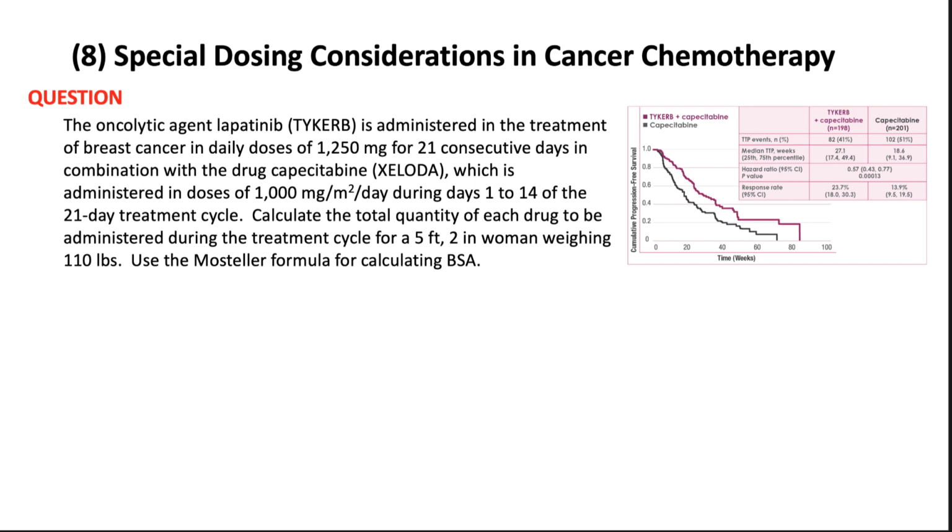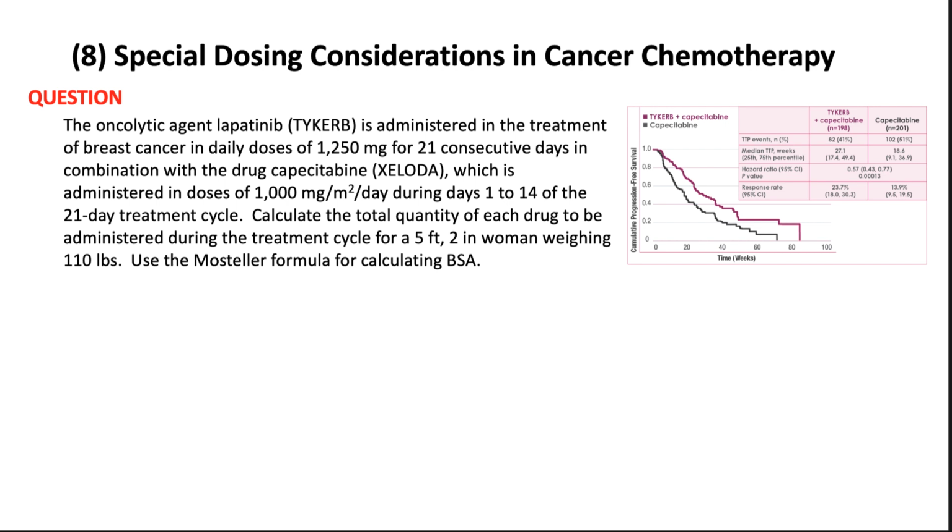This is in combination with another drug, Xeloda, which is administered in a dose of 1,000 milligrams per meter squared per day during the first 2 weeks, or days 1 to 14, of the 21-day treatment cycle. Calculate the total quantity of each drug to be administered during the treatment cycle for a 5'2" tall woman who weighs 110 pounds, and use the Mosteller formula to calculate the body surface area.